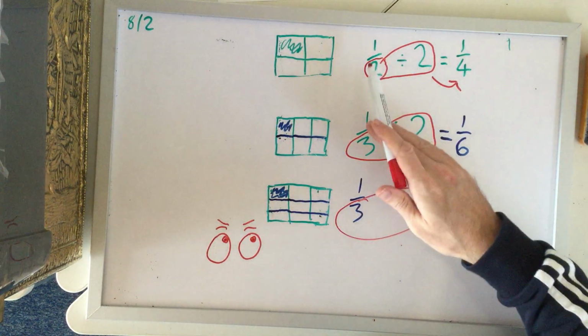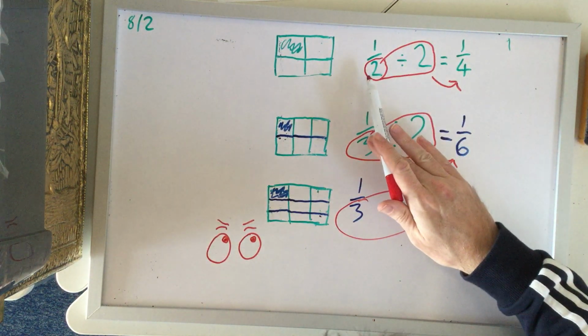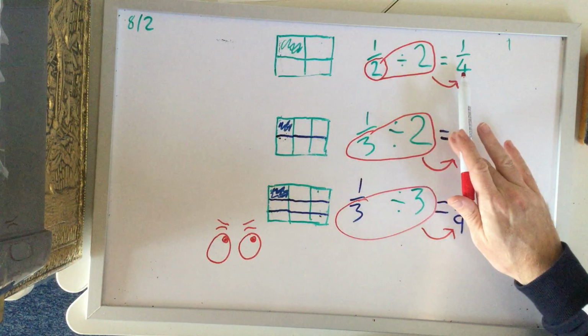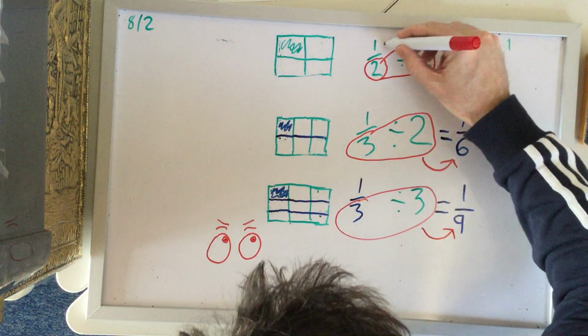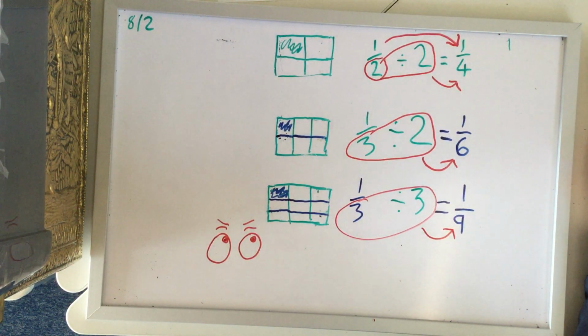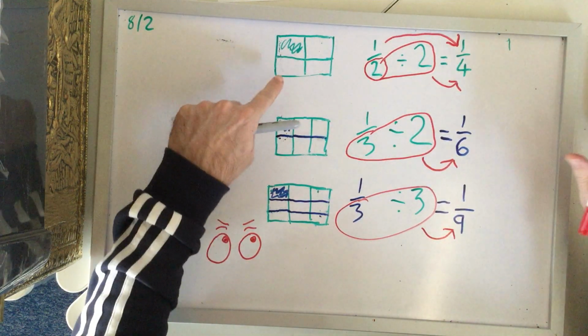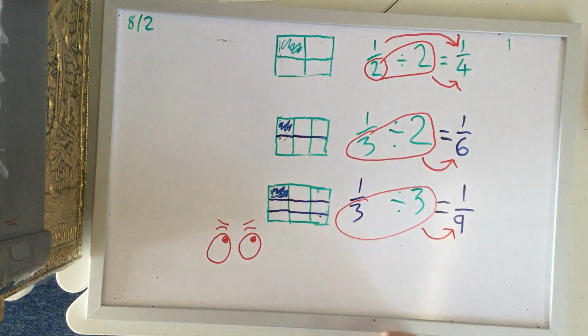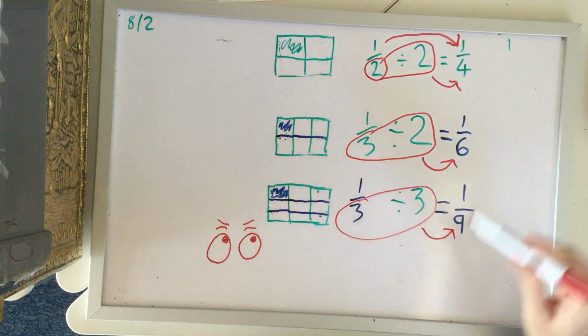So a half divided by 2 is a quarter, but the rule, the way to work it out mathematically, is 2 times 2 makes 4, and then your numerator is placed back above it. Hopefully we've visually shown you how that half got split and became 1/4, because you're actually sharing your fractions, dividing them into smaller sections.